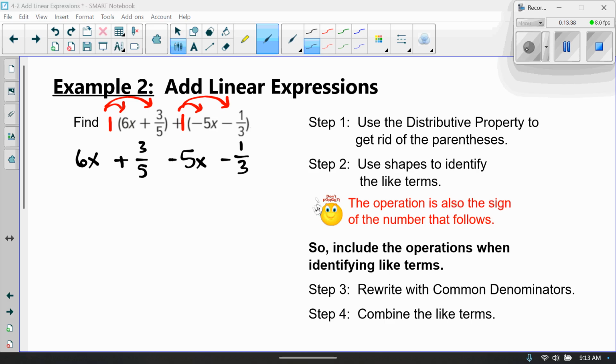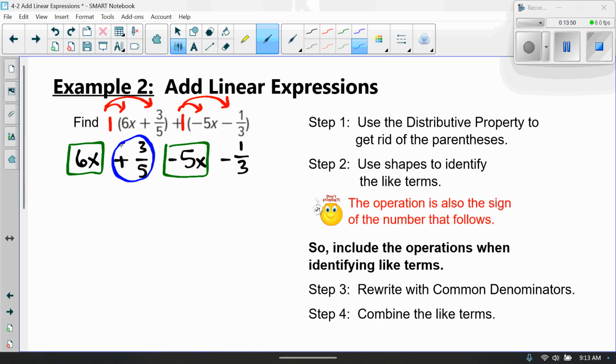Step 2 is to use the shapes to identify our like terms. So, we've got some x terms, and we have some constants. All right, so now I'm going to rewrite with common denominators. Now, before I do that, I'm going to put the greens together and the blues together. So we've got 6x minus 5x plus 3/5 minus 1/3.